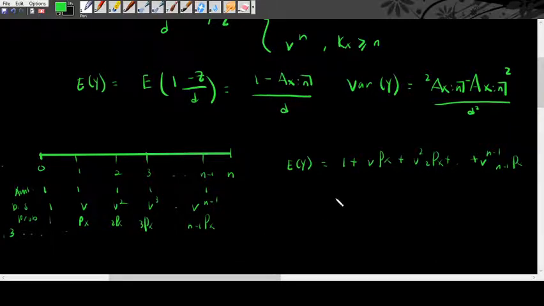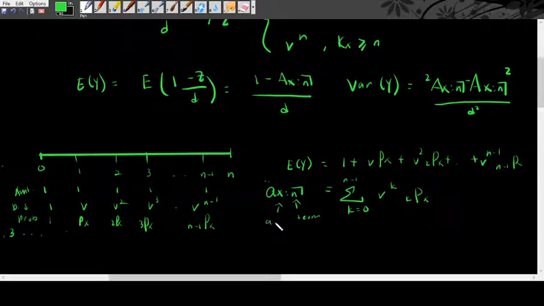We can rewrite it in a simpler way as the sum for k equals 0 up until n-1 of v to the power of k times kpx. This is the annuity due. So the actual notation for this case would be a double dot x:n, where n is the term and x is the age.